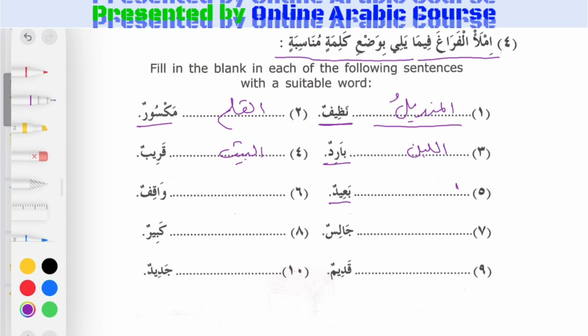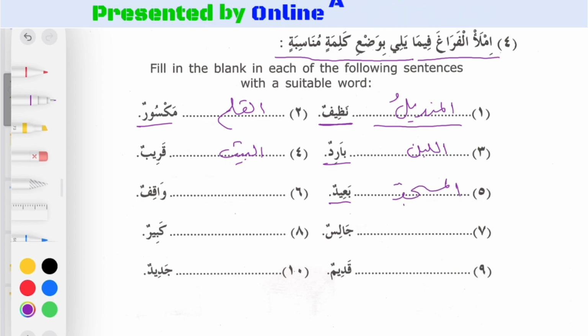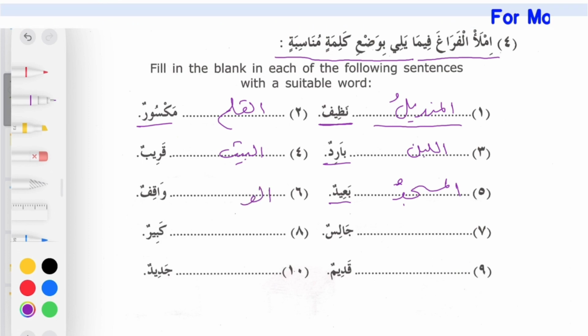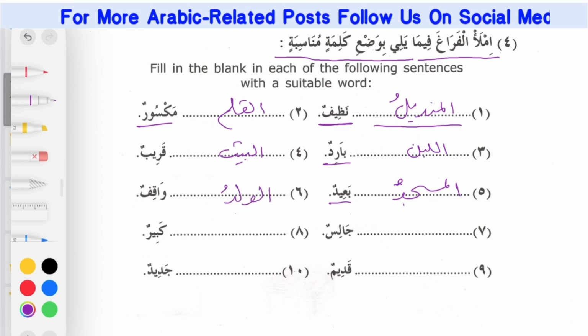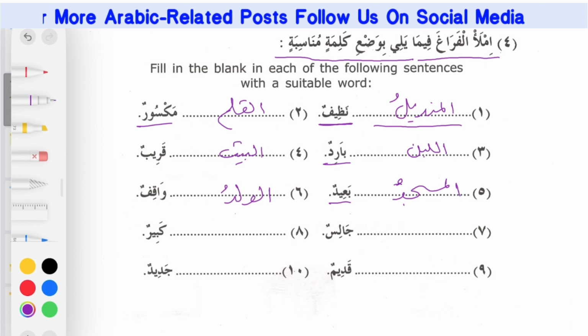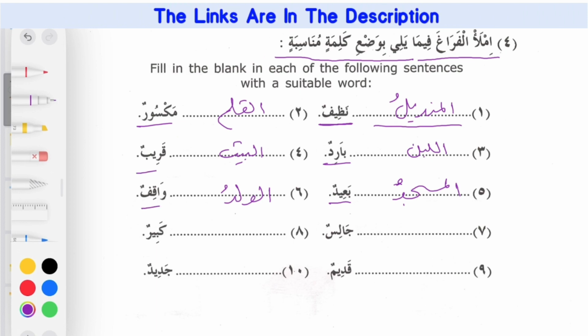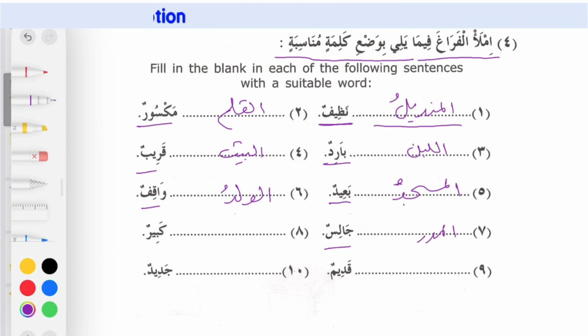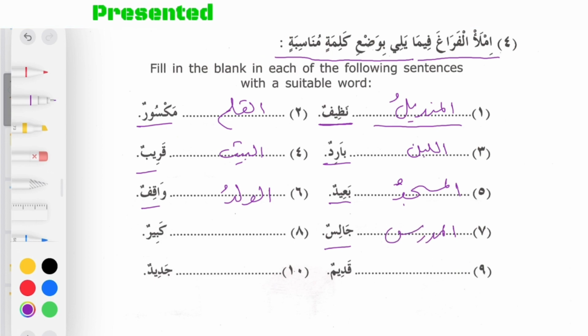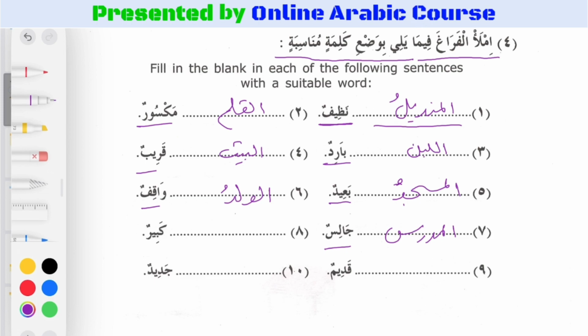We can write down here al-masjidu ba'idun. Waqifun. We can say al-waladu waqifun. And then jalisun. We can say al-mudarrisu jalisun or al-muhandisu jalisun or al-waladu jalisun. We can write down any word. We just have to complete the sentence.